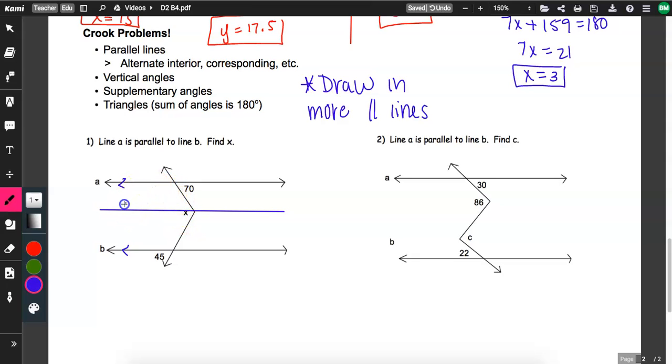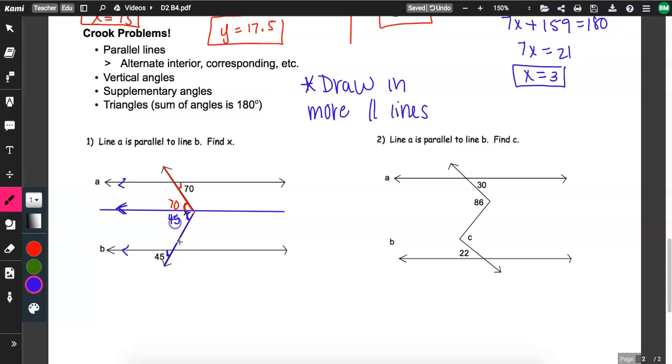Now I have this third parallel line, so I can focus on this first transversal kind of on its own. So this angle right here has an alternate interior down there, that little guy. So he's also 70. Okay, so then I'm going to look at what other information I know. Well, this 45-degree angle is corresponding with this one.